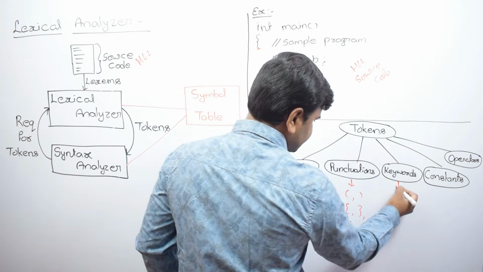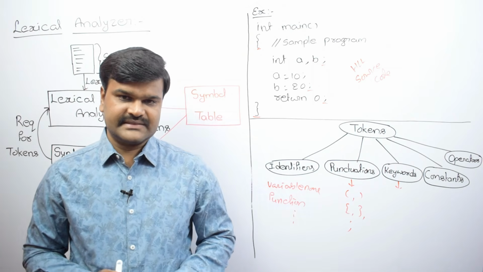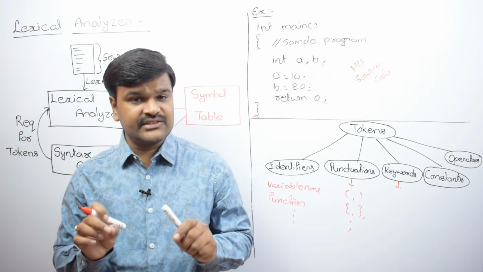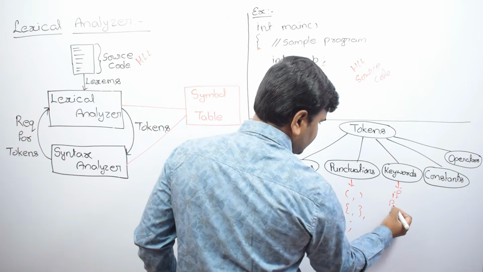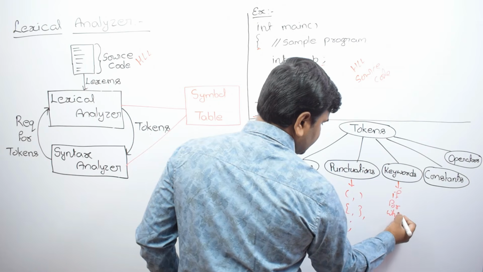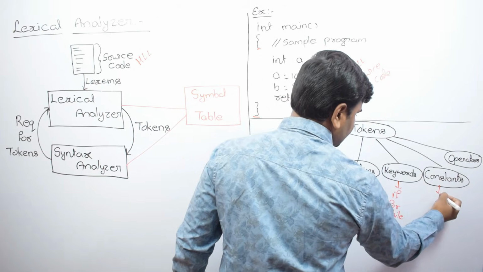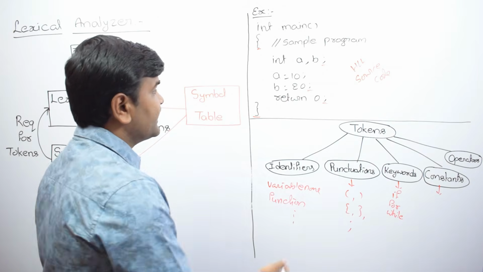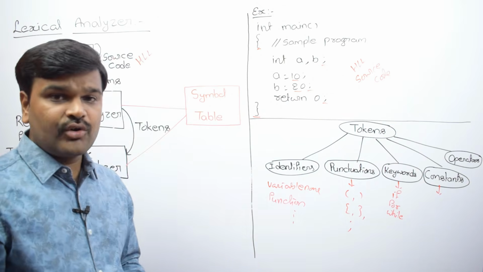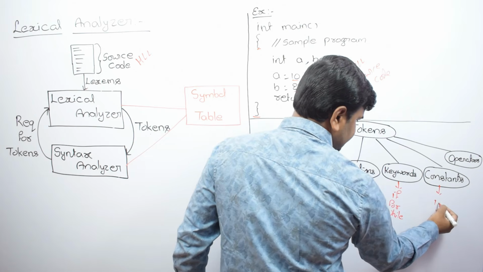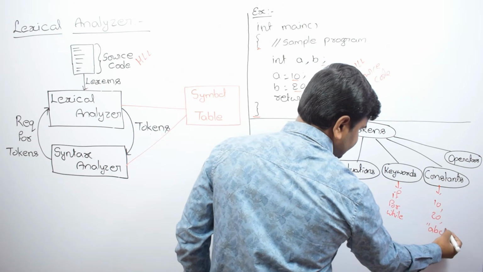Next, keywords. We know these already. Every programming language has predefined words which the user should not use. For example, if, for, while, all these are keywords. Next, constants. Here 10 is a constant, 20 is a constant, or string constants, for example ABC is a constant.